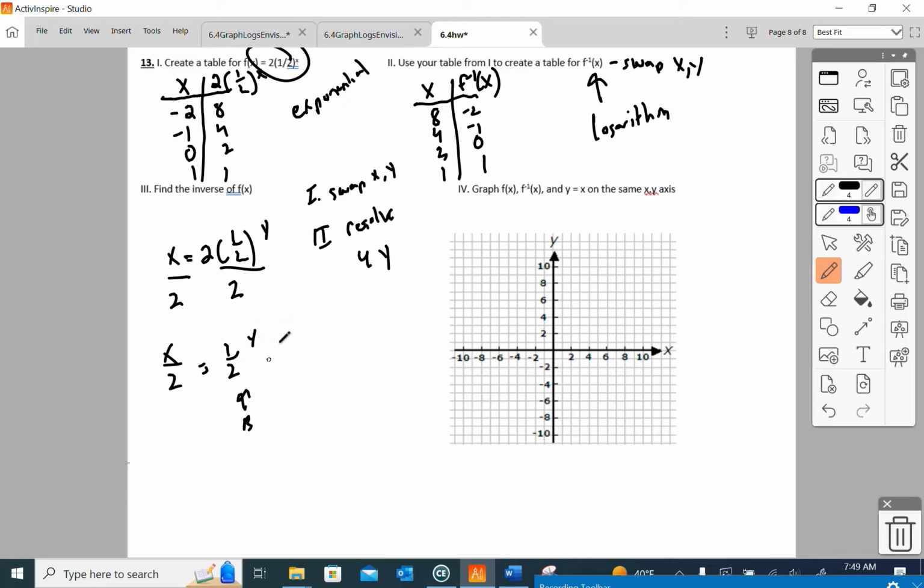Here's a base, here's an exponent. This must be the answer. So log base 1/2, whose argument is x over 2, is my y. And of course that y becomes f to the negative first of x.